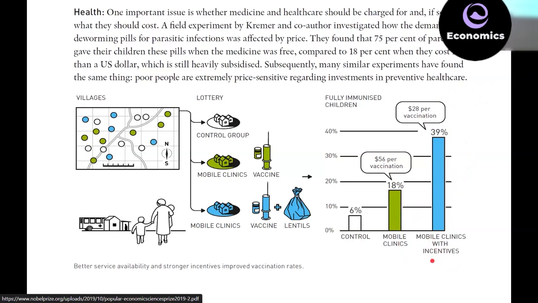In this case, we know pretty surely why there's a difference between this group and this group in terms of vaccination, right? This is because this group had the treatment, the mobile clinic plus this small gift for vaccinations. Because whether a village falls into one of these three groups is randomized, on average they should be similar, okay?